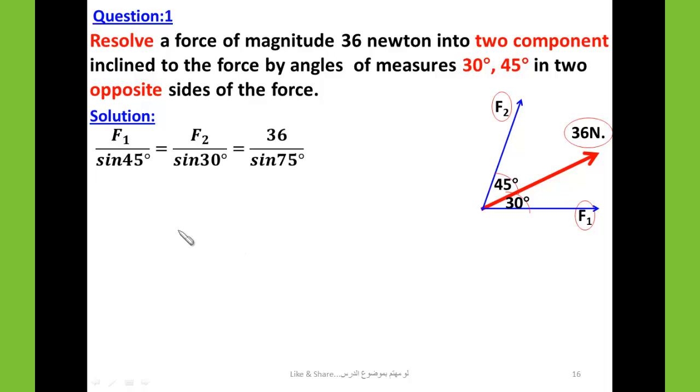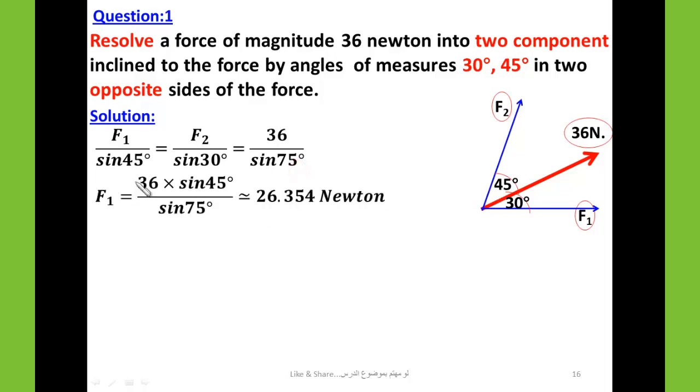Now applying the sine rule, F1 over sine theta 2, F1 over sine 45, equals F2 over sine theta 1, and theta 1 equals 30 degrees. So F1 over sine 45 equals F2 over sine 30 equals 36 over sine 75, the sum of the two angles being 75.